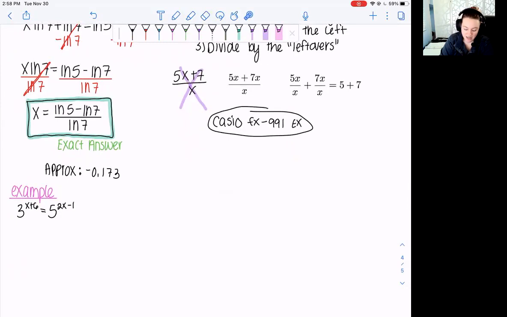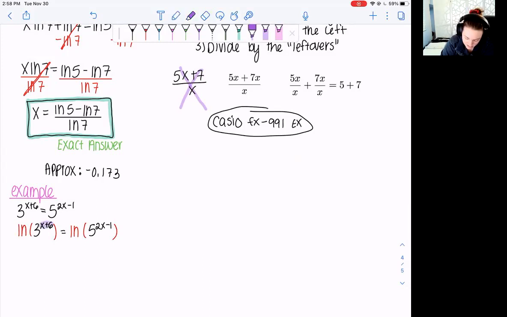So we're starting by taking the natural log of both sides. So ln of 3 raised to the x plus 6 is equal to ln of 5 raised to the 2x minus 1. So taking the ln of both sides.